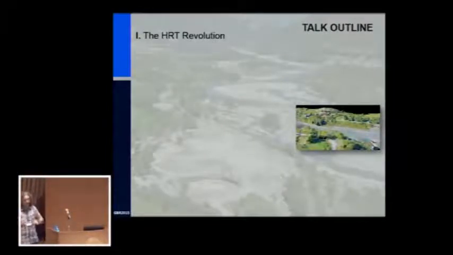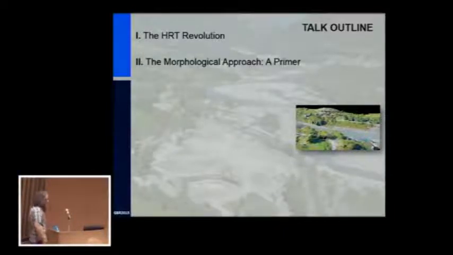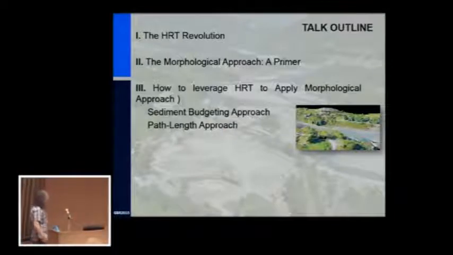The talk has an outline of 5 different chapters. The first one is related to the high-resolution topography, as I already said. The second one is related to some principles of the morphological approach. In the third one, we will link the high-resolution topography with the morphological approach, how we can use high-resolution topography to apply the morphological approach based on 2 different approaches, the sediment budgeting and the path length.